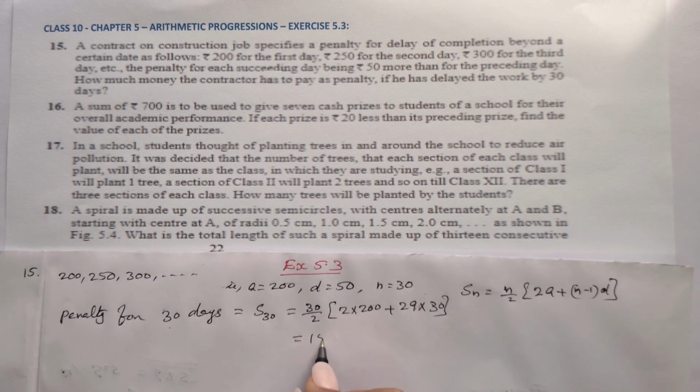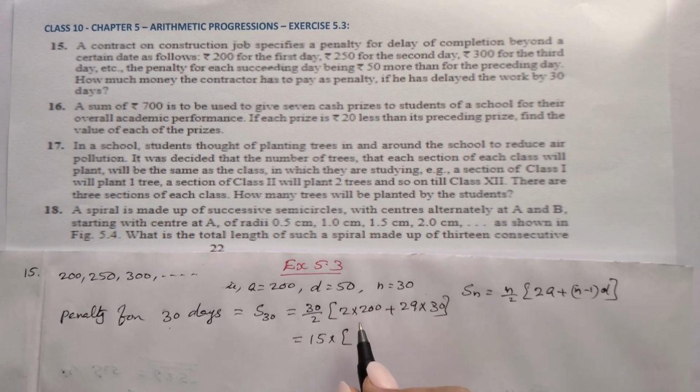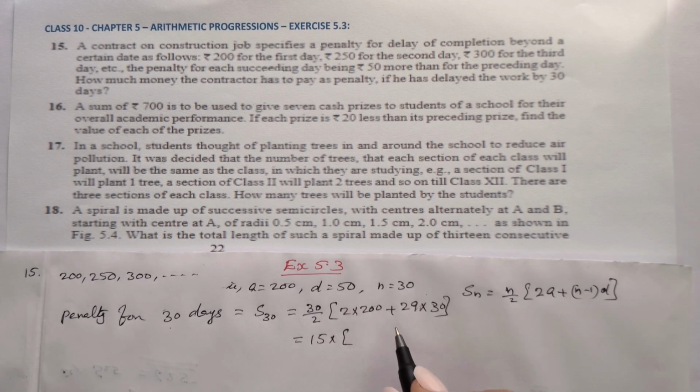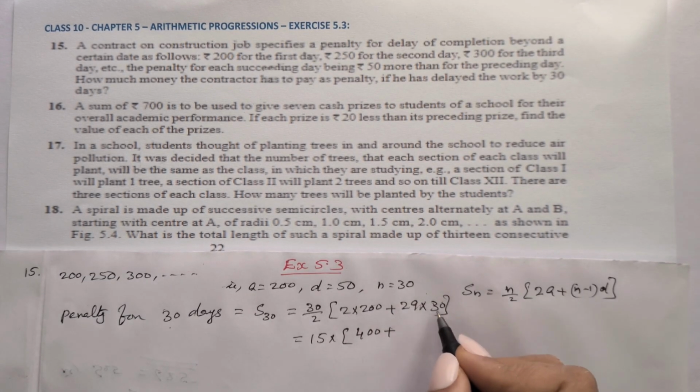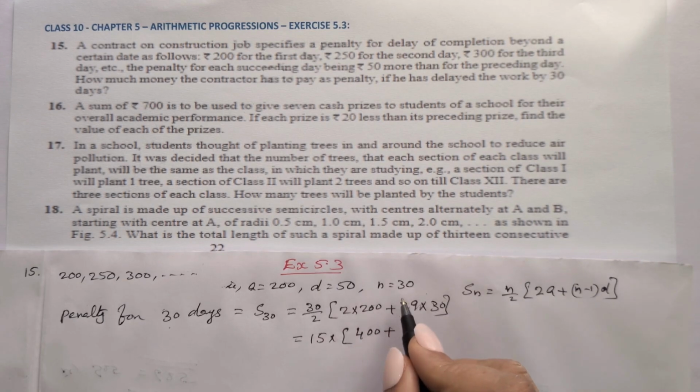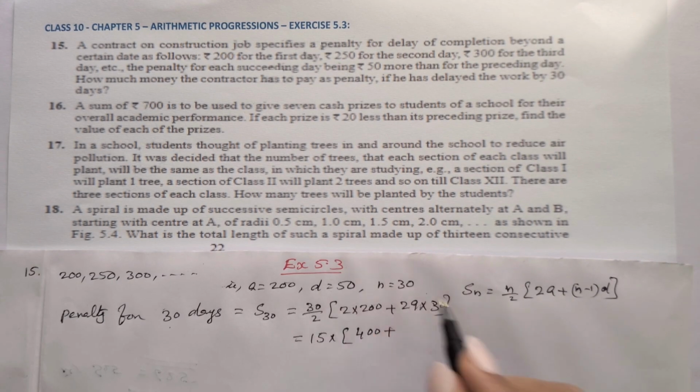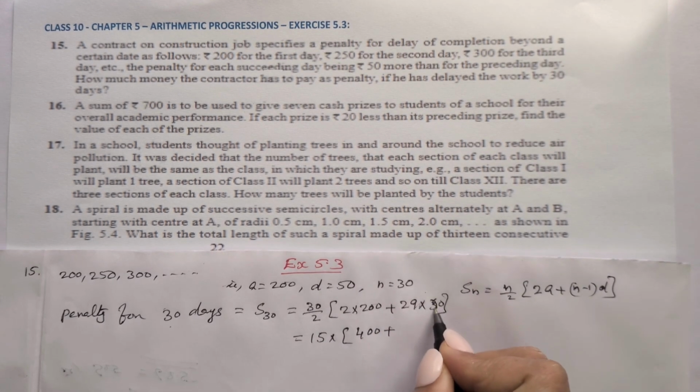It is equal to 15 into, in bracket, 2 into 200, 400, that plus 29 into 50.